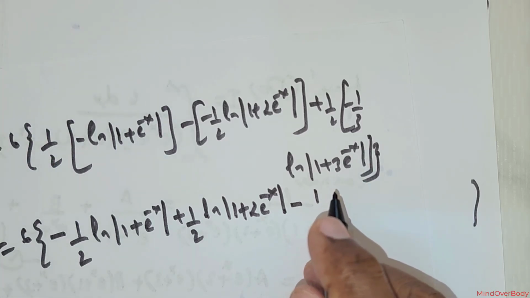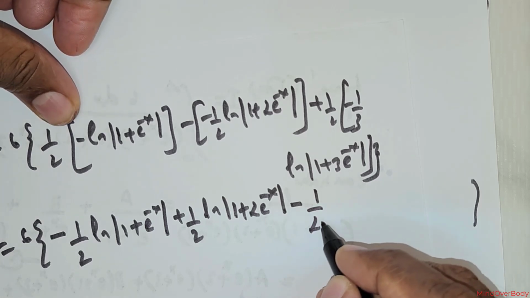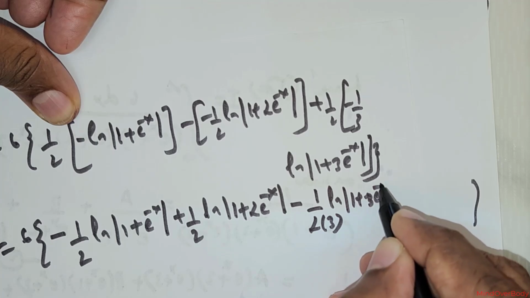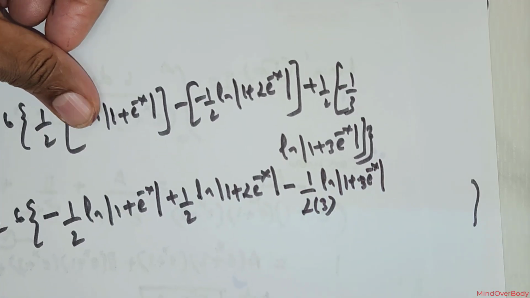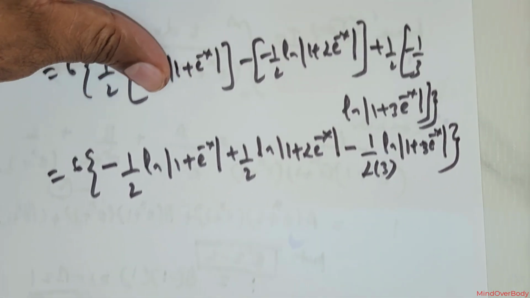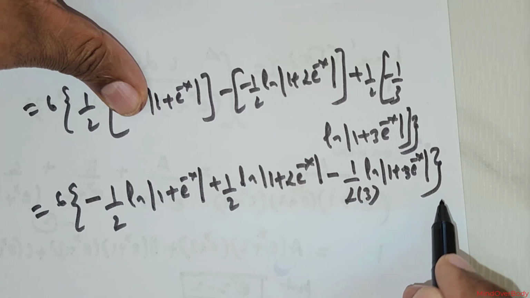So 1 over 2 times 3 times the ln modulus of 1 plus 3 times e raised to the power of negative x. So this is what we've got, and the parenthesis goes there. Of course the limits are there, 0 to infinity.